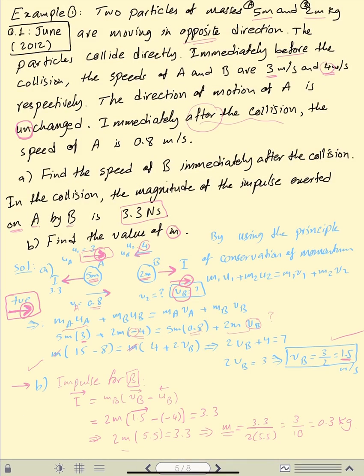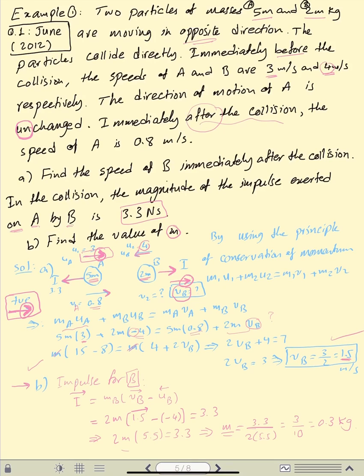I start with question number 1, June 2012. The question says: two particles, A, which has mass 5m kilograms, and the second particle B of mass 2m kilograms, are moving in opposite directions.